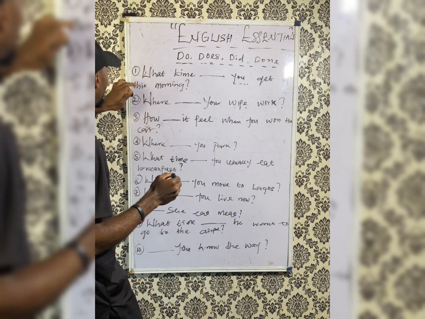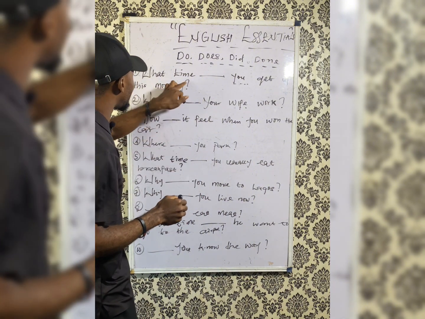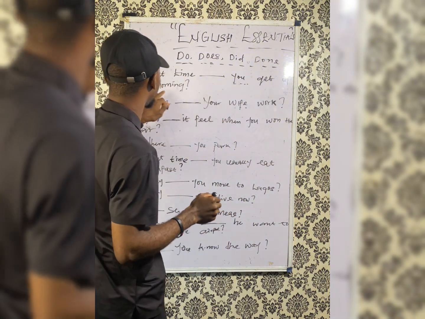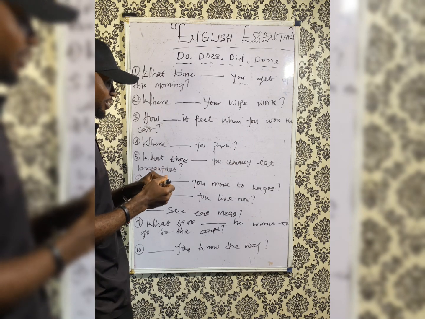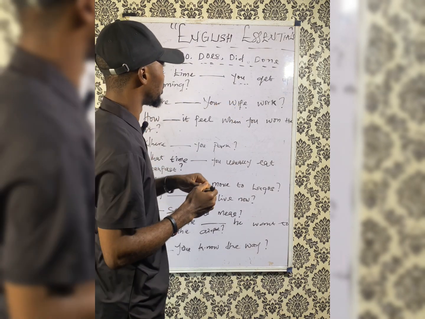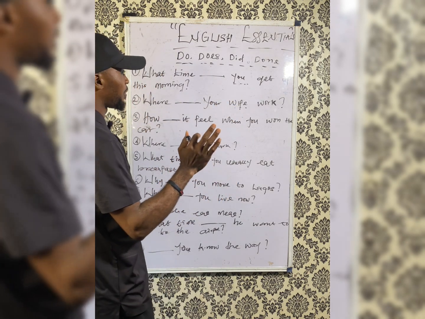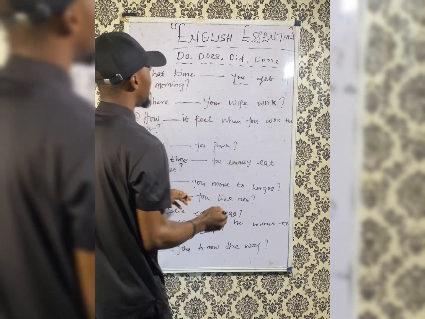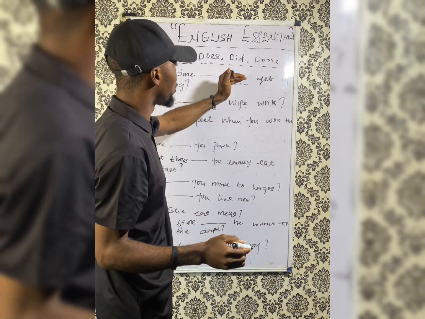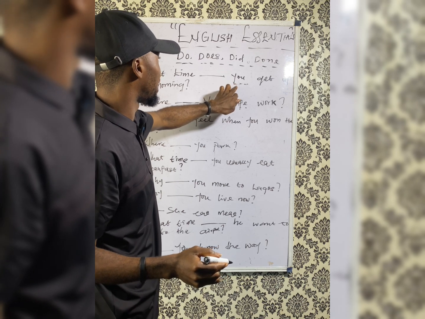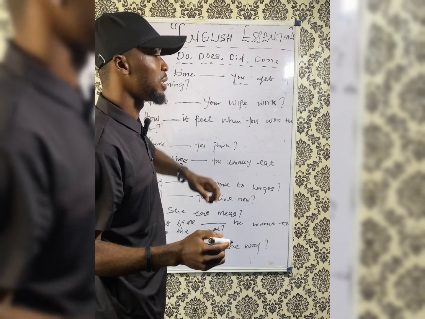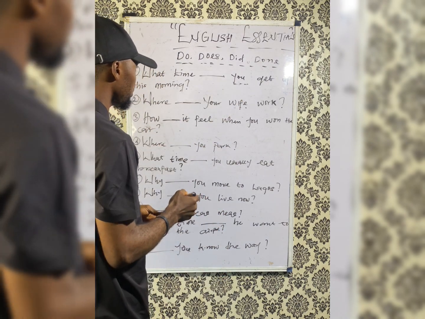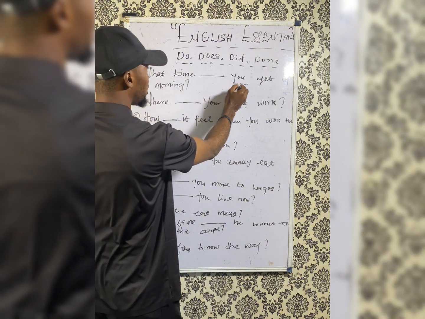So our number one says, what time dash you get up this morning? We have different things to spot out from this number one. This you here is plural because it falls under the second person pronoun, which we are going to be treating as plural.